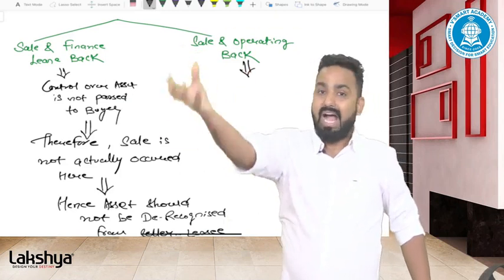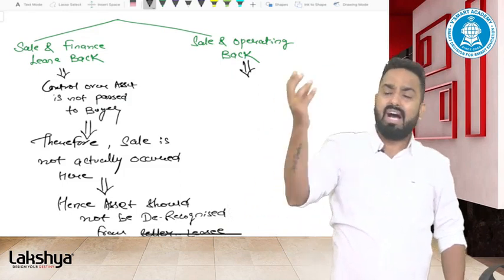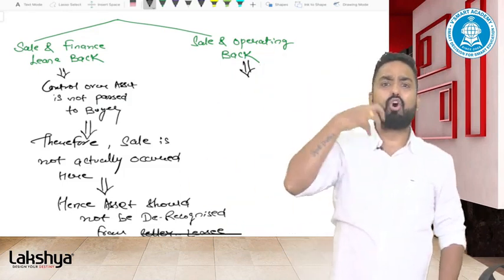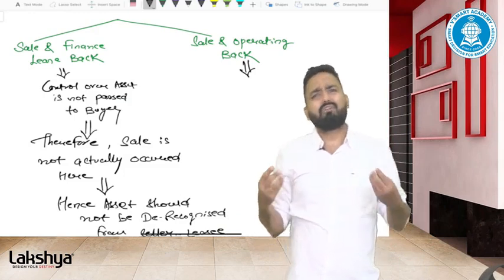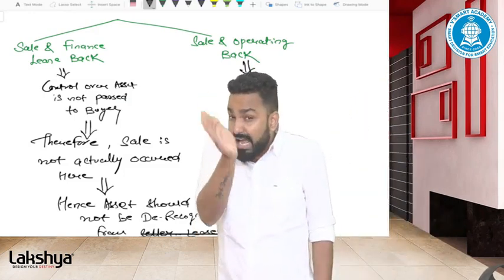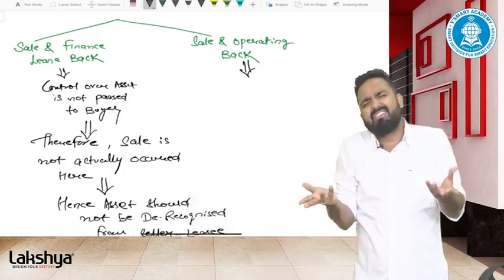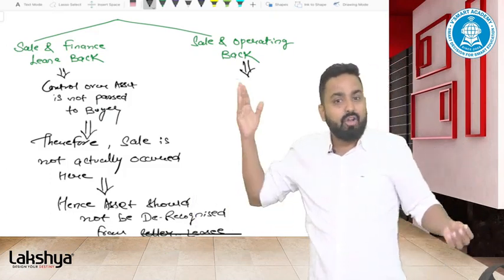I got the funds and I am now taking the same property on operating lease, let us say for 5 years, 6 years, 10 years. The property's original life is 50 years, but I am taking the same property on lease for 5 years, 10 years. It is technically an operating lease.